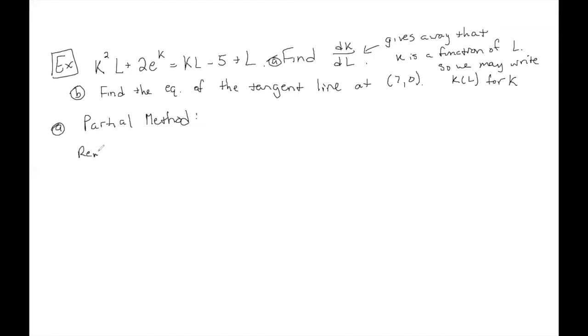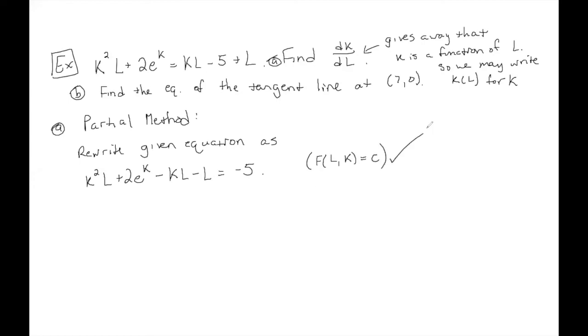So rewrite the given equation as k squared L plus 2e to the k minus KL minus L, and this equals negative 5. This is in the correct form of f of L, k equals a constant. That's good.